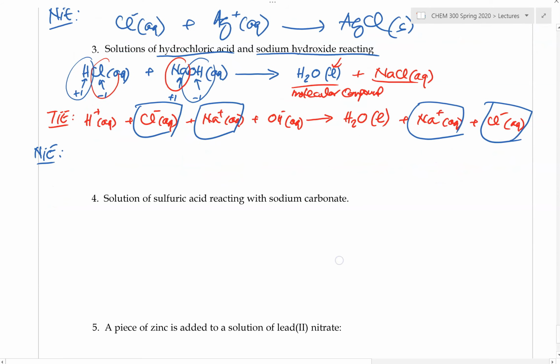And I think that will be it. So what we will have left is hydrogen aqueous combining with hydroxide aqueous and producing water liquid. So that will be left behind in our NIE. In this reaction, the hydrogen ion and the hydroxide ion combine together to form water. So this is the only chemical change that is happening in the course of this reaction.